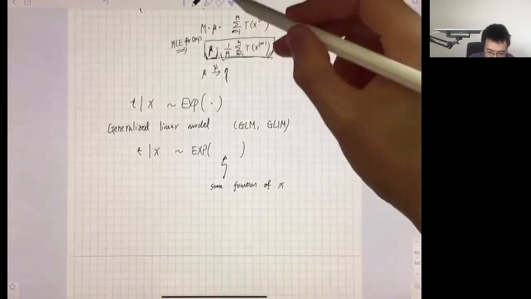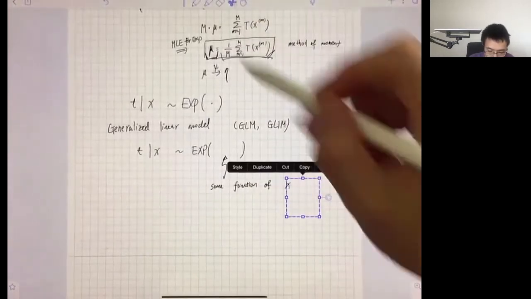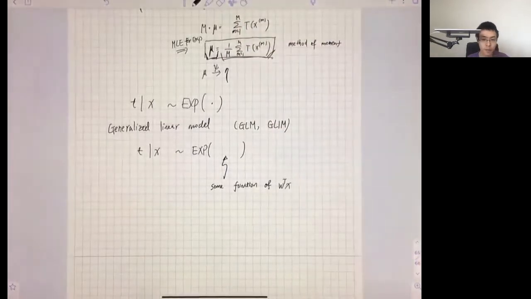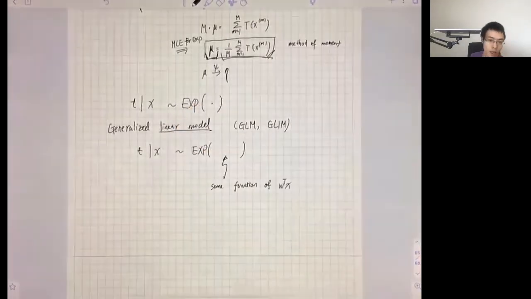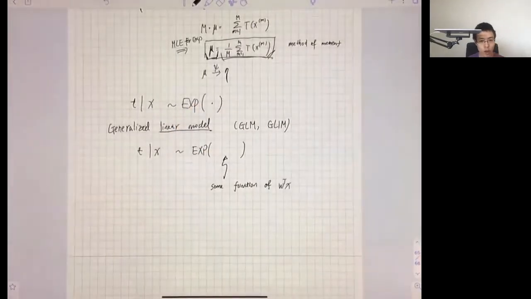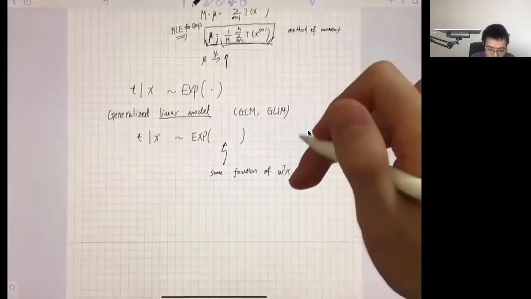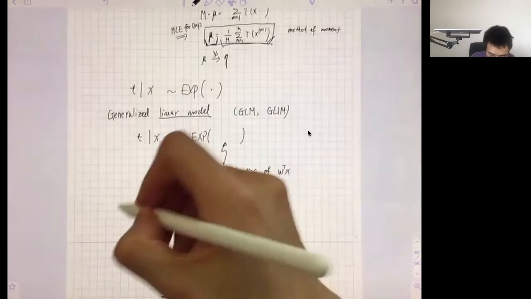Second, I would make my thing simpler. I would say it's a function of W transpose X, okay, because we are considering the linear model. It's a generalized linear model. So we assume that the parameter of the exponential family is a function of linear transformation of X. Is that fair? In this way, I can represent the generalized linear model in the following diagram.